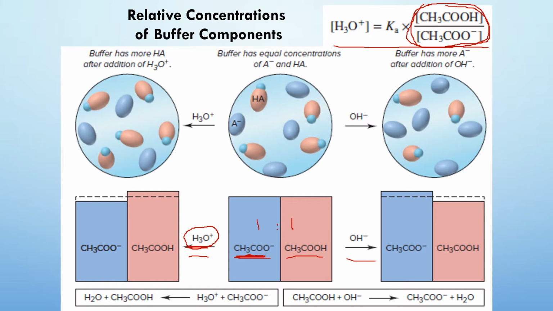The acetate originally in the buffer will react with the proton added, generating acetic acid and water.